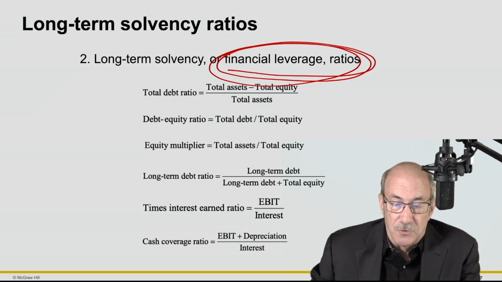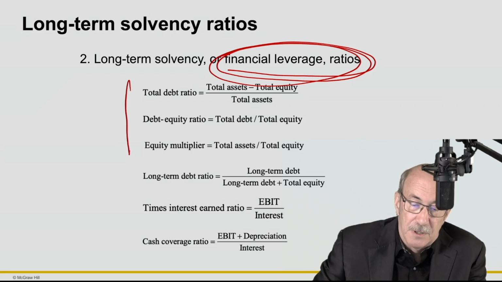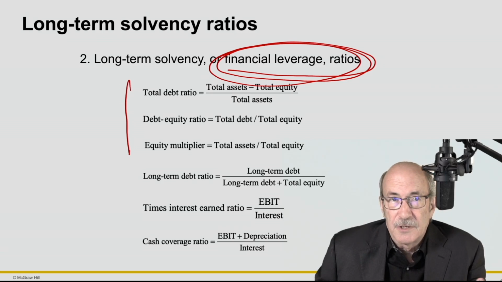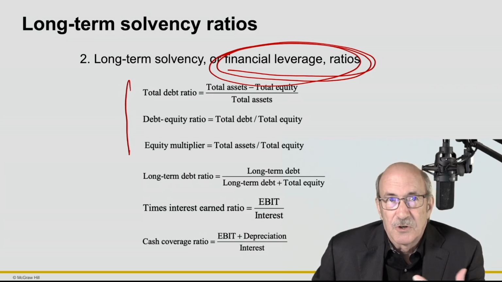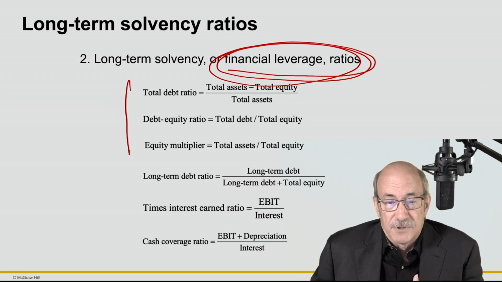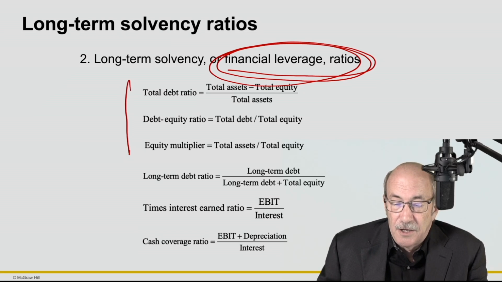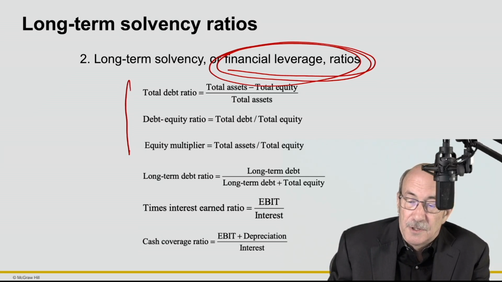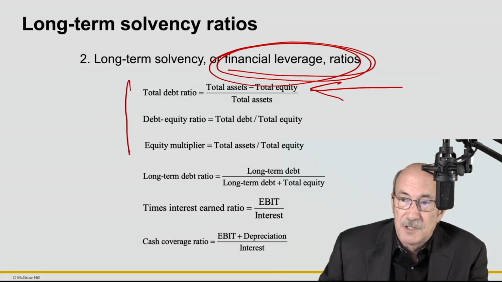These first few are fairly typical and really all relate. You could look at any one of these three, and you would get a basic estimate of how much debt versus equity. It's all a matter of preference. I often like to look at simply the total debt to assets ratio.